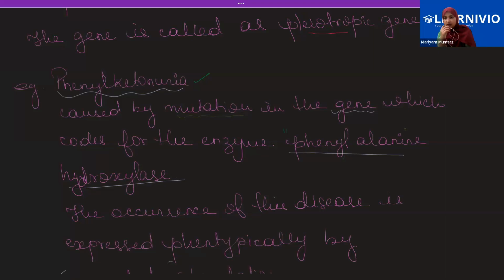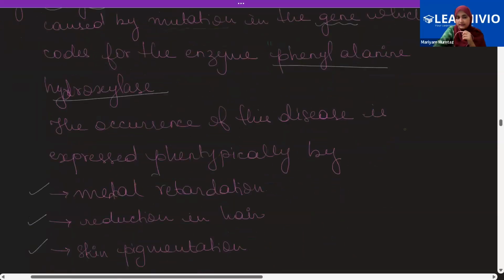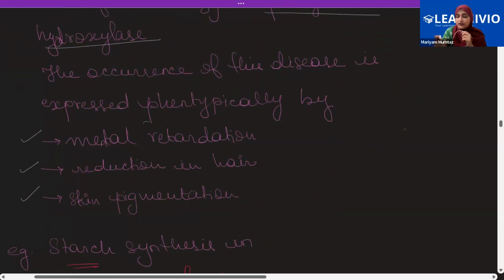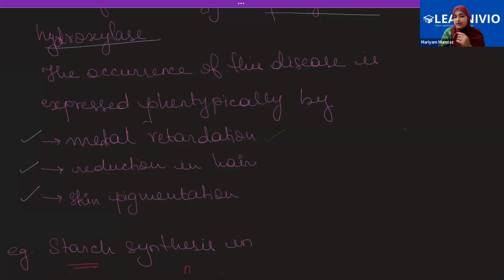But because of mutation, not enough of this enzyme is synthesized. Because of this mutation, the pleiotropy effect will be shown by mental retardation, reduction in the hair, and also skin pigmentation. All of these three will be the phenotypic expression because of one mutation. So when one gene shows several different types of phenotypic expression, we call it pleiotropy. Got it?